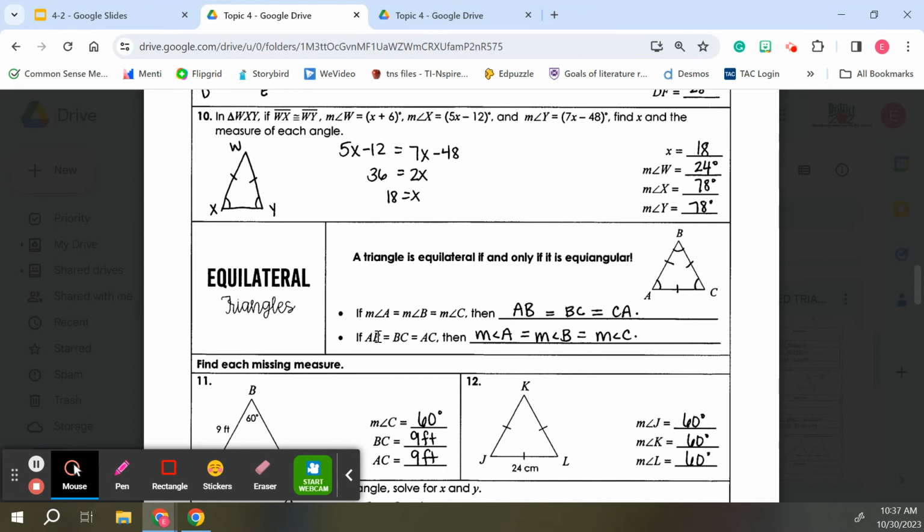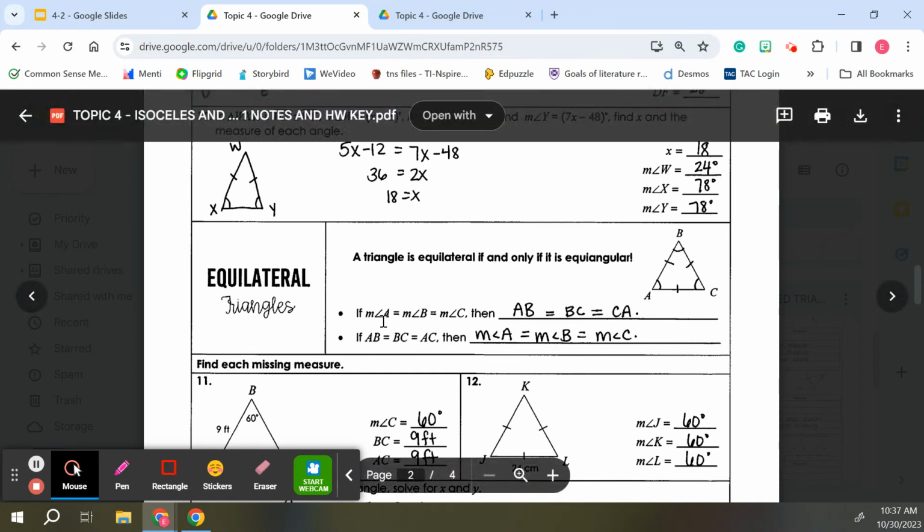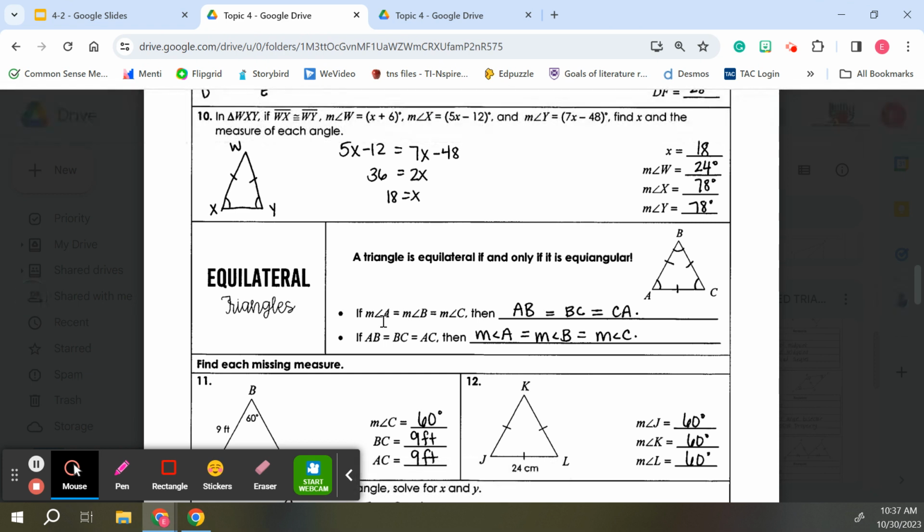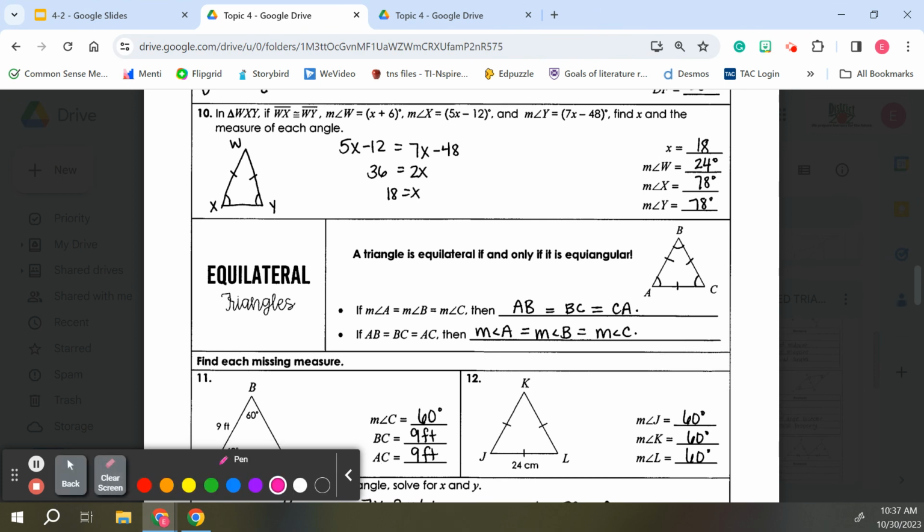If all the sides are equal, then all the measures of the angles are equal. So here's what you need to know. The equilateral triangles, this would be the theorem. This would be your converse. Okay.